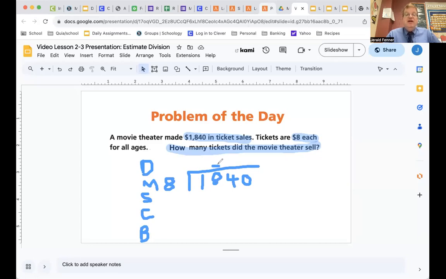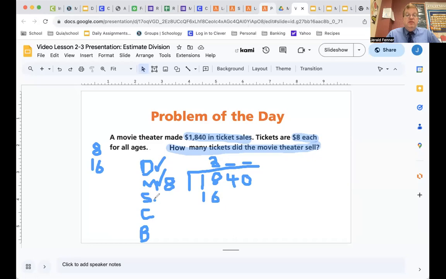This is 1800s, but this tells us that we're going to have 3 digits in our answer. 18 divided by 8. If you need to, list your multiples of 8. We have 8 and 16. That's our second multiple, so that would be the number that we would be using to divide. Then we're going to multiply. 8 times 2 is 16.